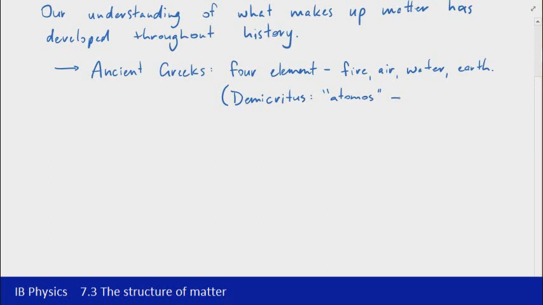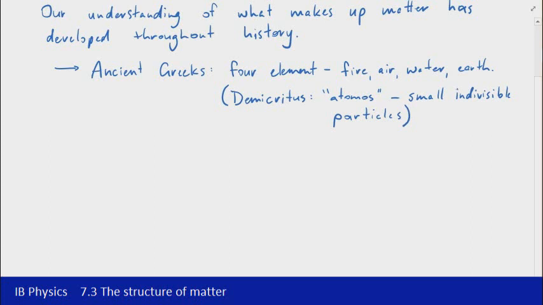If I keep cutting those lumps smaller and smaller, eventually I've got to get down to something that can't be broken down into any smaller parts. And so he came up with this idea of atomos. You can see that that's where we get the name atom. So he proposed that there were these things that were small indivisible particles.